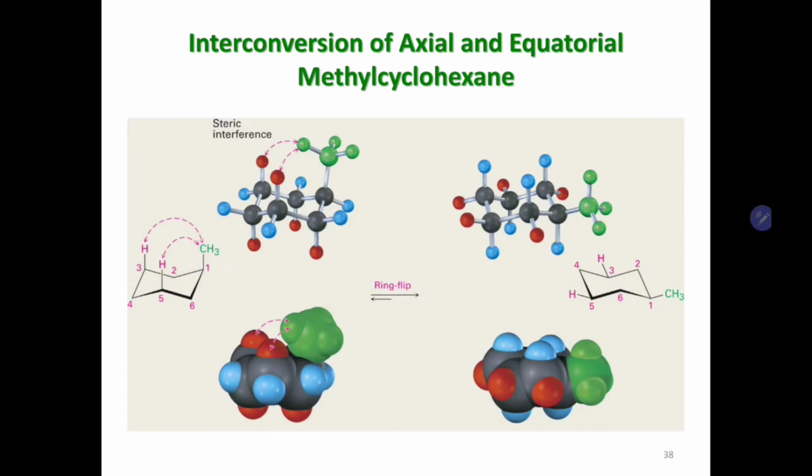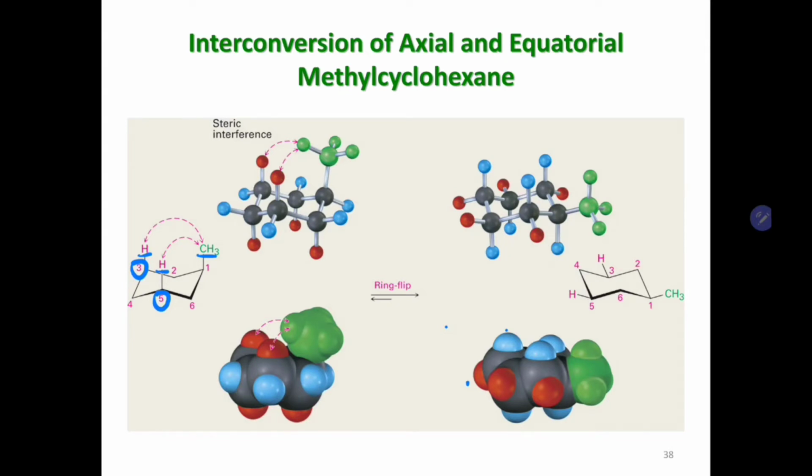So if you have an axial methyl group on the number 1 carbon, it can display steric interactions with the axial hydrogens from carbon number 5 and carbon number 3.